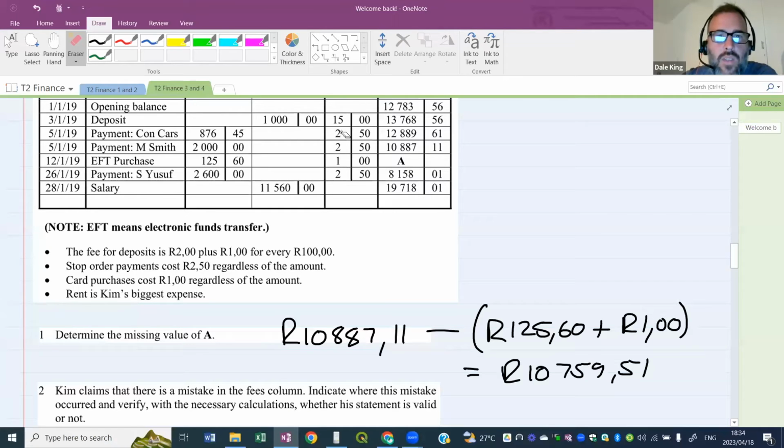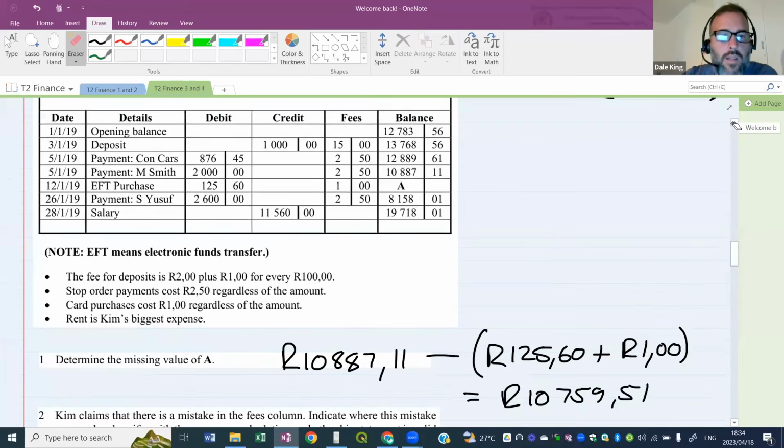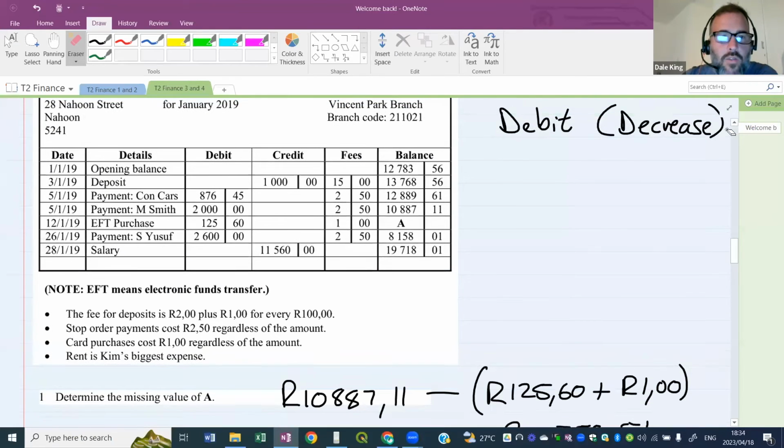So we're going to find if there's a mistake in the fees column. Okay, so I'm going to go up a little bit. Is there a mistake in the fees column? Can anyone tell me, can you see a mistake? These three sentences here tell us about all the fees, and these are all the fees here.